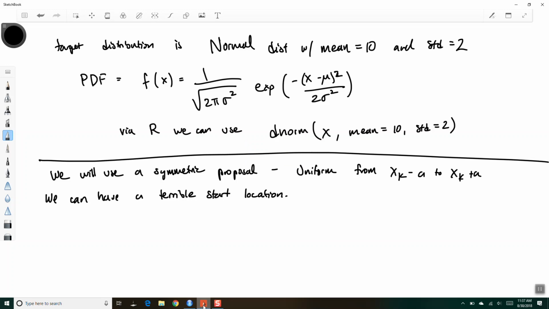So for completeness, we'll cover it here. This is the Metropolis Hastings algorithm.